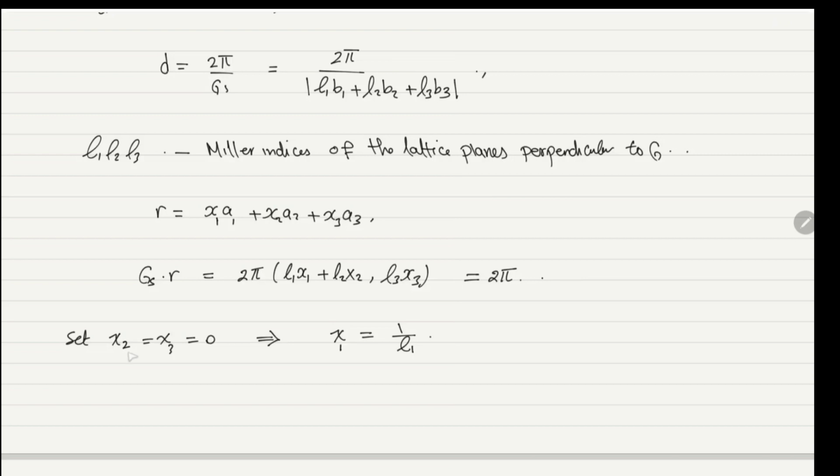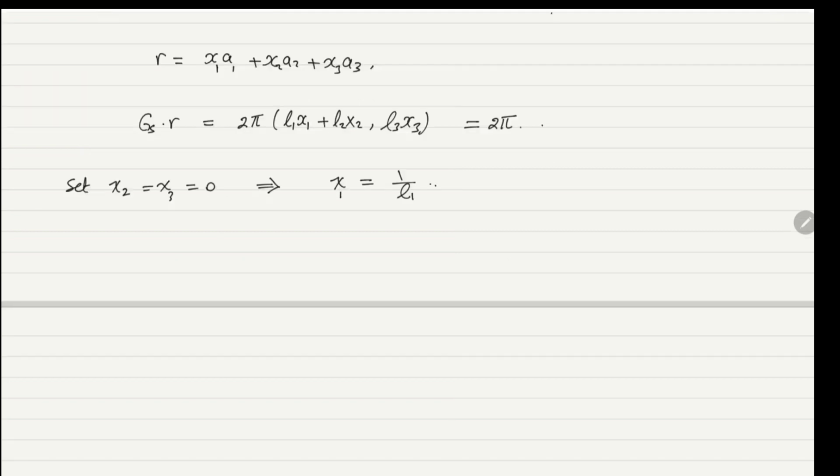With the same technique, set x1 and x2 equal to 0. In this case x3 equal to 1 over L3, and x2 will be equal to 1 over L2 if we set x1 and x3 as 0. In other words, the Miller indices L1, L2, L3 of the lattice plane might be defined as the reciprocals of their intercepts x1, x2, and x3.